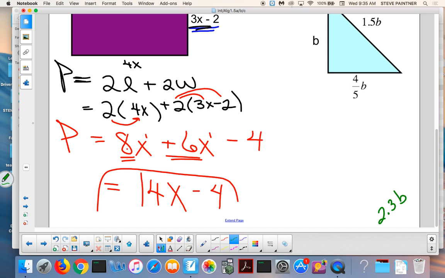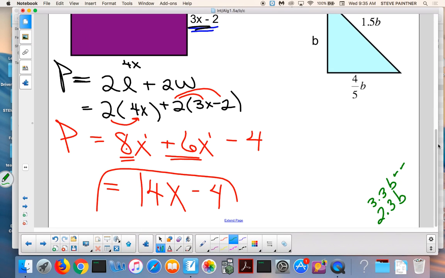Alec? Can somebody just say what they have? Courtney said 2.3. I have 3.3b. Okay. So we got 2 of these, and a whole bunch of I don't know. Well, what's the perimeter going to be?